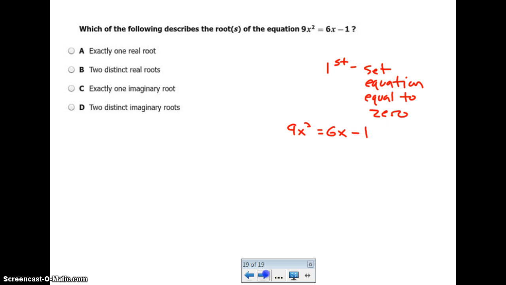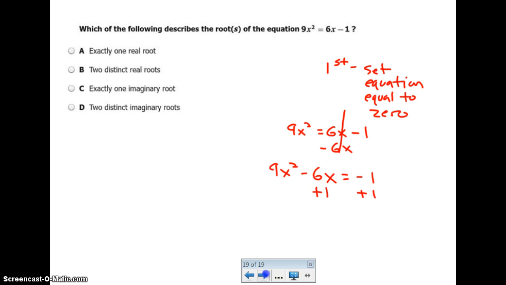We want to move everything over to the left side where the x squared is. So now we have 9x squared minus 6x equals negative 1. It's still not equal to 0, so add 1 to both sides.